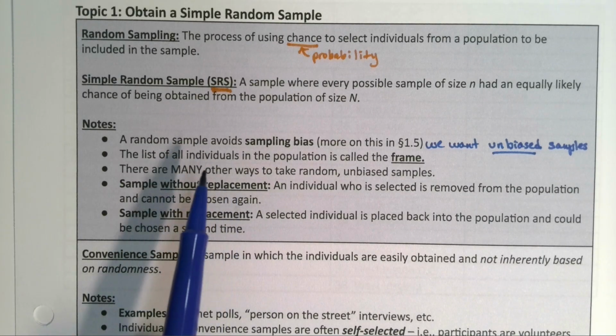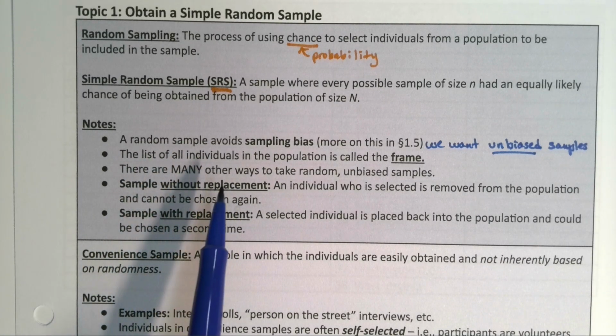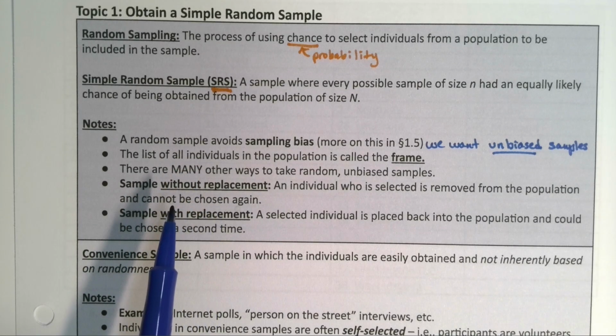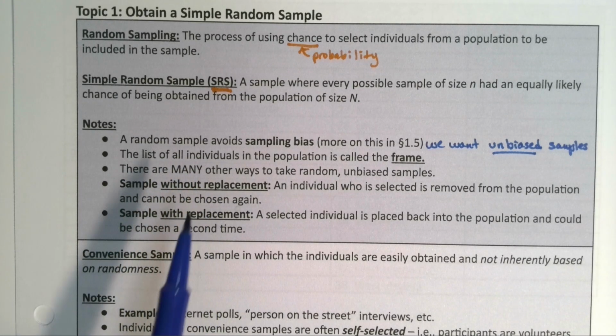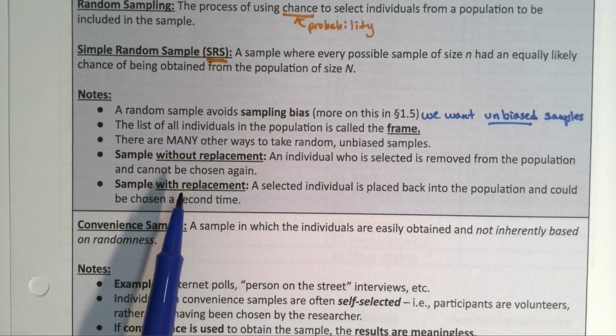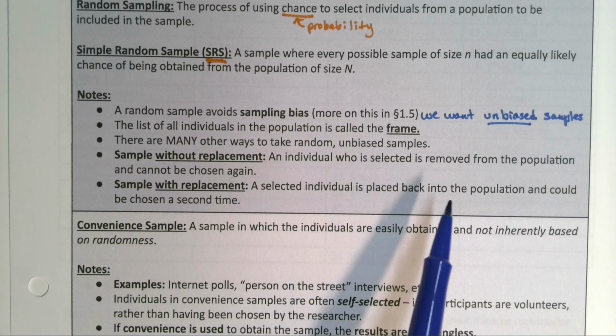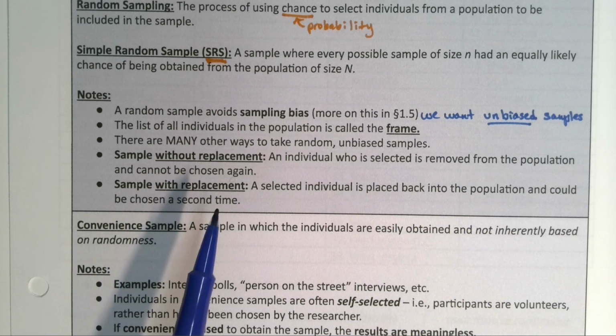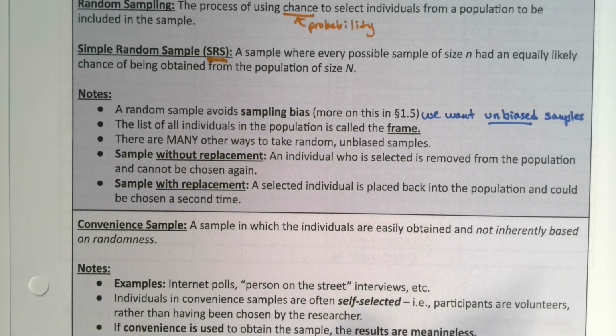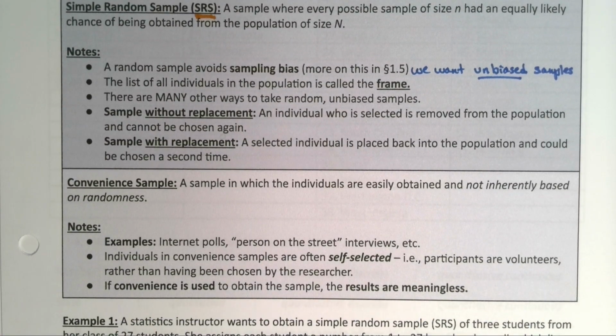So if you think about dealing a deck of cards, if you deal the cards to somebody's hand, then they're no longer in the deck for other people to have, right? That's without replacement. Sampling with replacement is when the individual that was selected is placed back in the population and could be chosen a second time, which doesn't make sense for cards, but it would make sense for, say, dice or something like that. Although those are not really samples, but that's a different discussion.